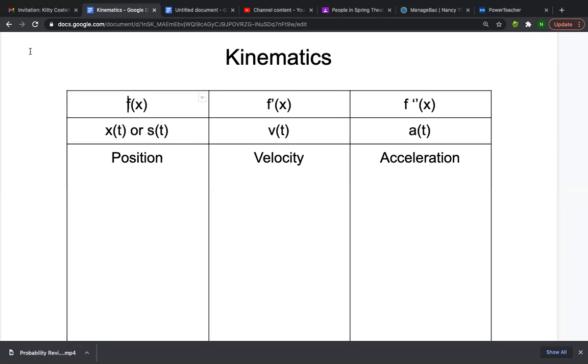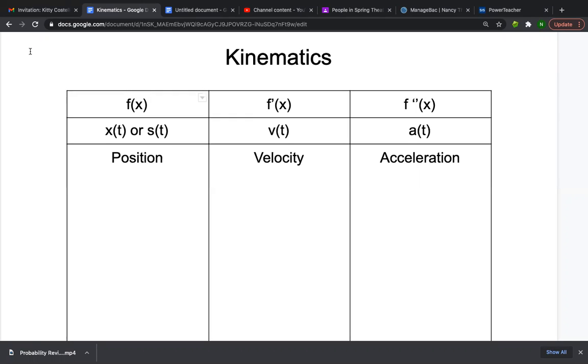The derivative of the position function gives us velocity. So now f prime of x is known as velocity, which we represent with v of t. And then lastly, the second derivative of the original graph, of the position graph, is now acceleration. And we represent that with a of t.